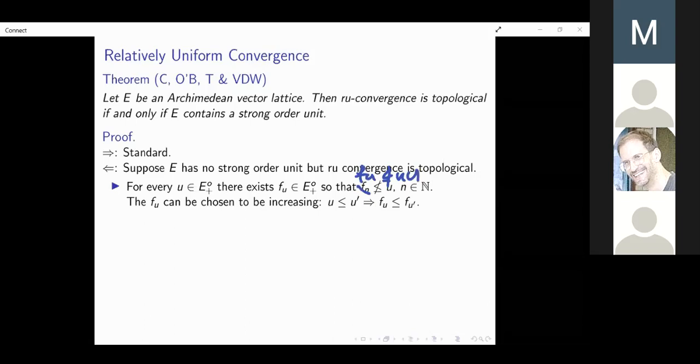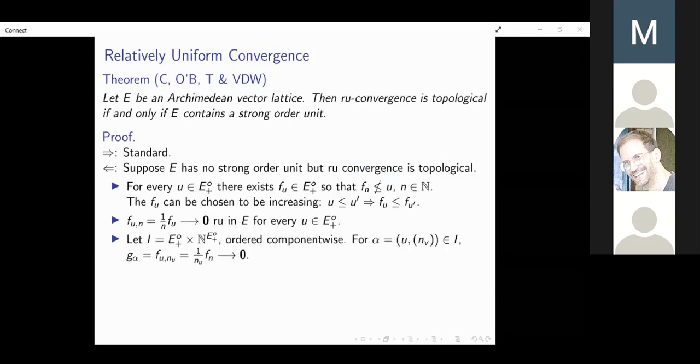These f_u's can be chosen to be increasing. Now we make a sequence f_{u,n} being 1 over n times f_u. This certainly converges to 0 relatively uniformly in E for every u.